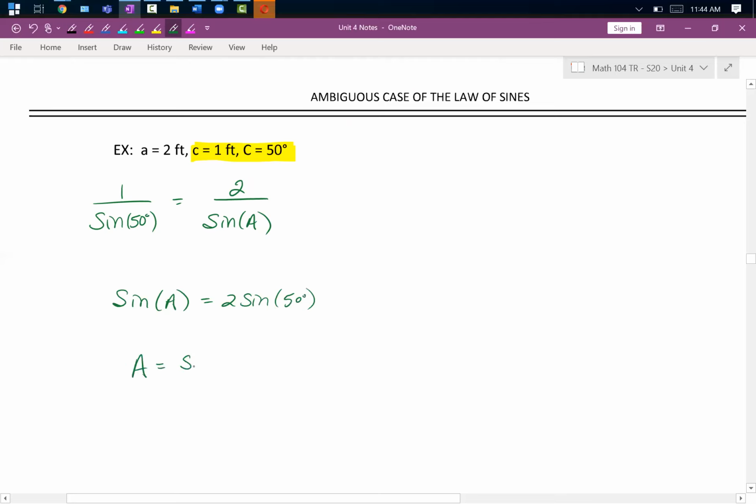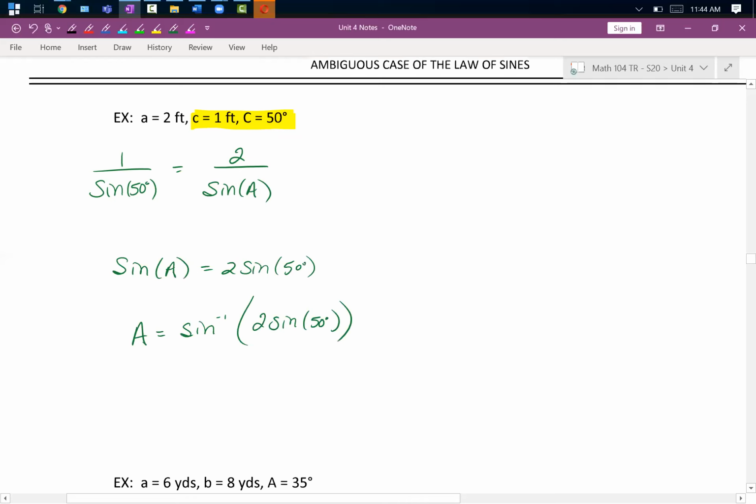And we'll use the inverse function to get A all by itself. So A is going to be sine inverse of 2 sine of 50 degrees. So what do we get when we plug that into our calculator?